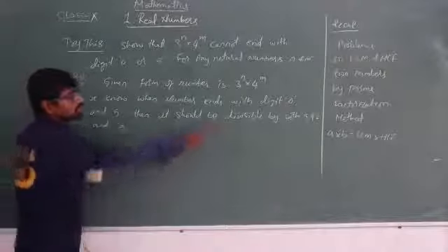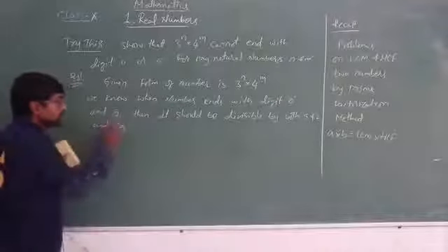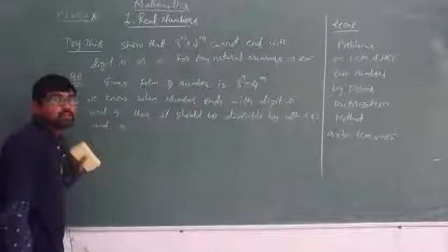Okay, this is for the first case, that is 5 and 0. For 0 we have 5 and 2, and for 5 it should be divisible by 5.